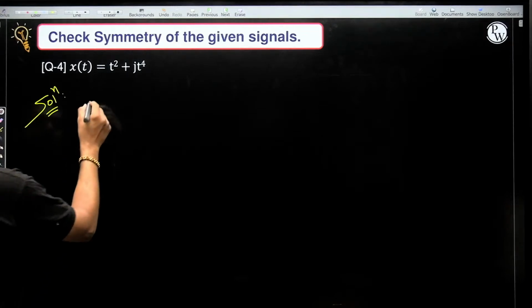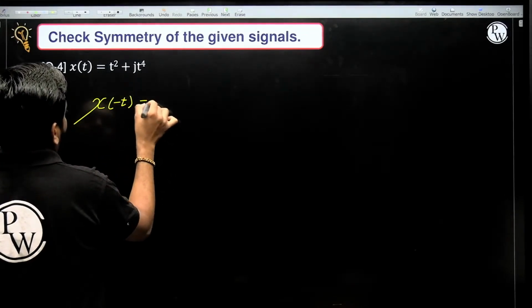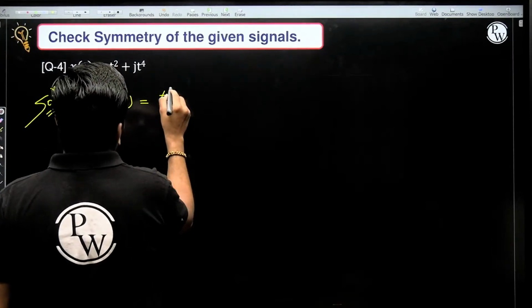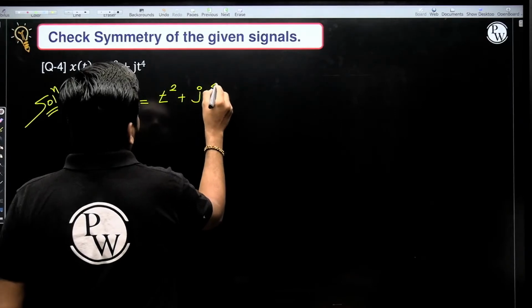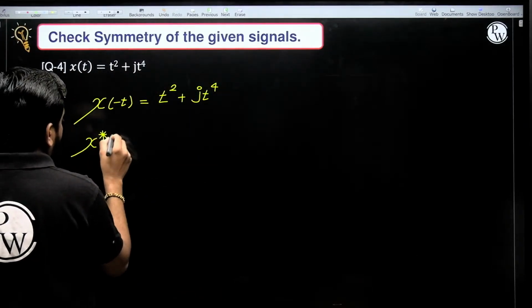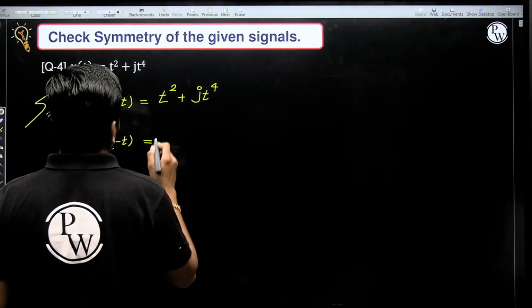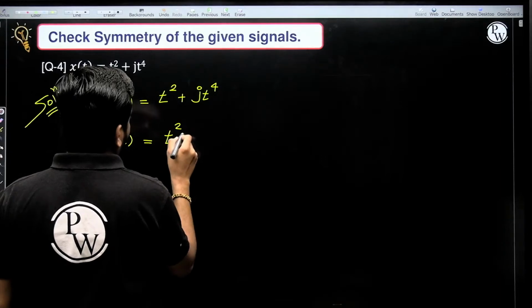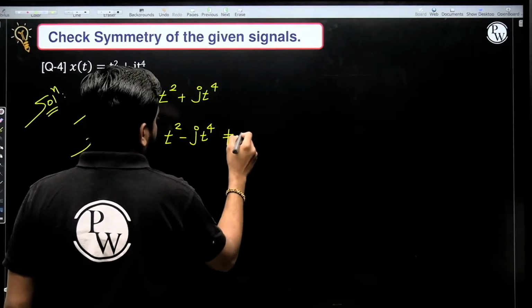Very good. t becomes minus t, so t square and t to the power 4. Now conjugation: t square minus j t to the power 4 is not equal to x of t.